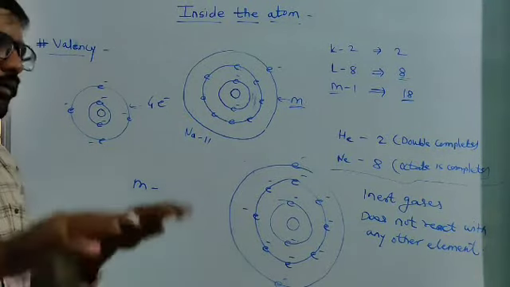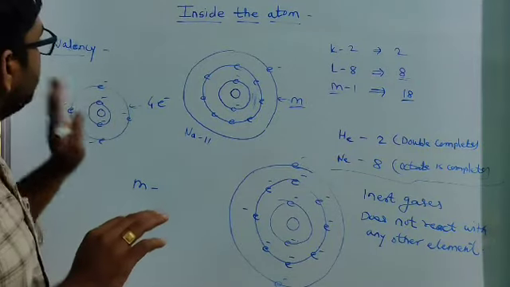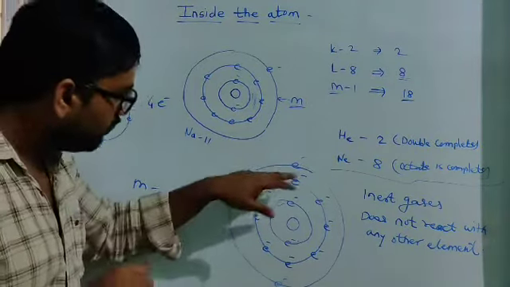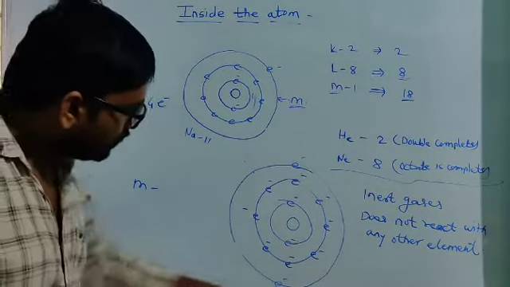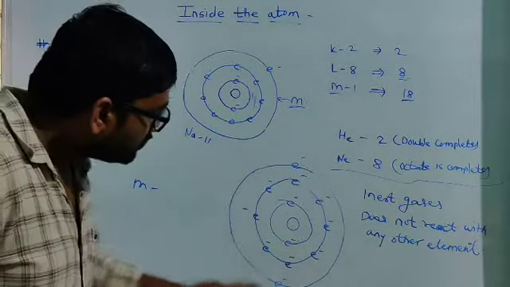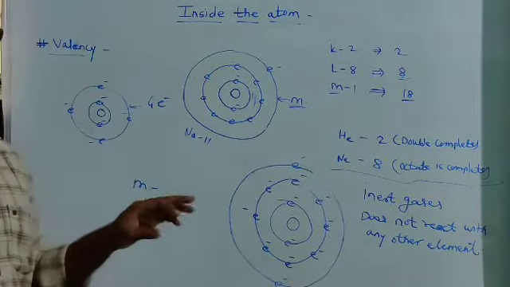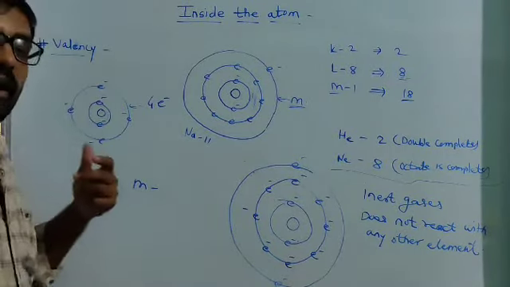So for today you have to remember only one thing. For the concept of valency, we have to know the outermost shell and the electrons present in the outermost shell. We have to consider only that for the calculation of valency.